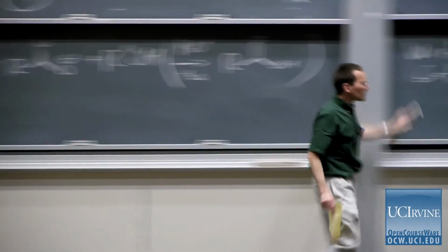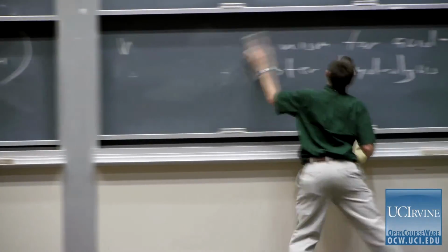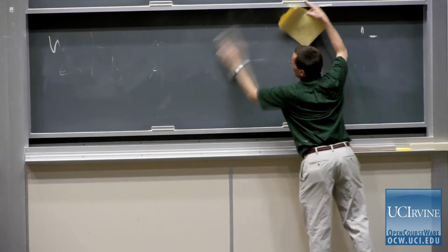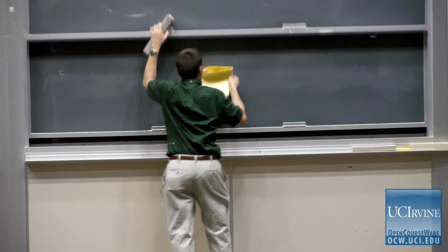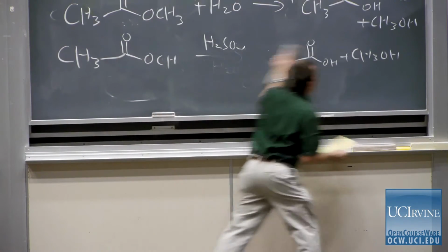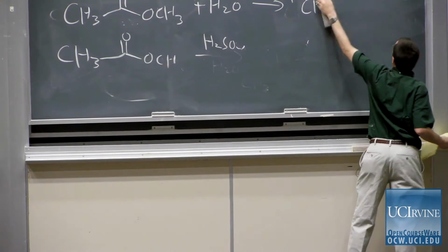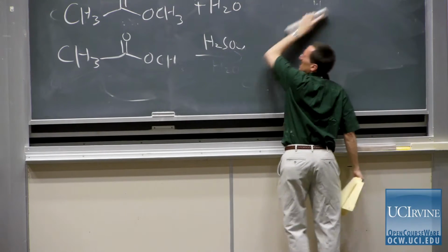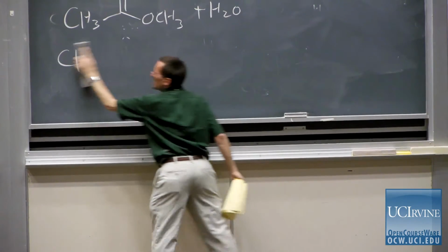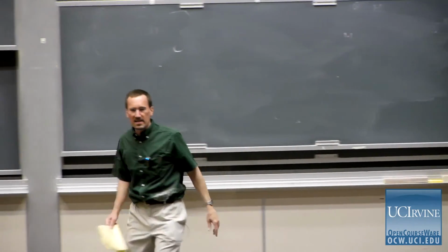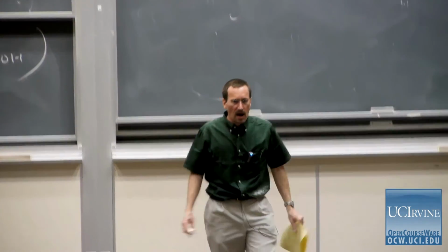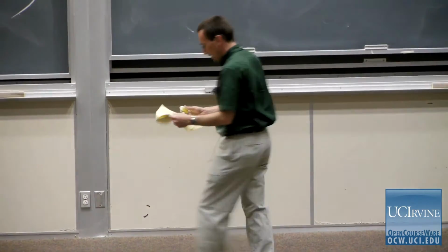All right, so that gives us a little bit of an overview of carboxylic acids and of esters. And now I want to move on to the last main members of the family. There are plenty of other members in the carboxylic acid family, but I want to move on to amides and nitriles.